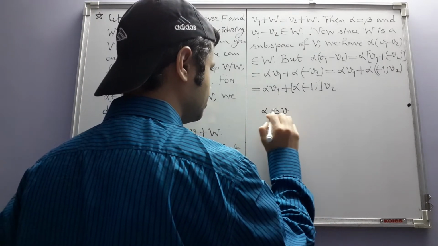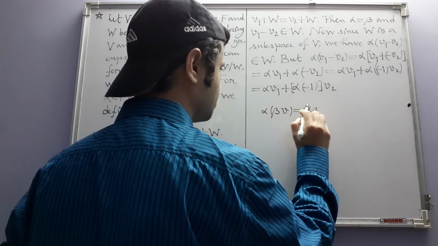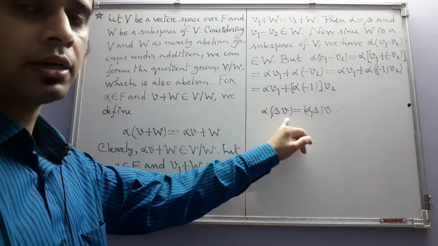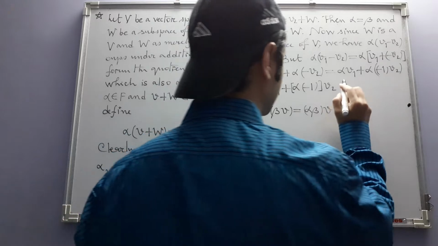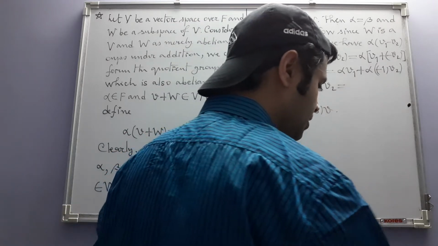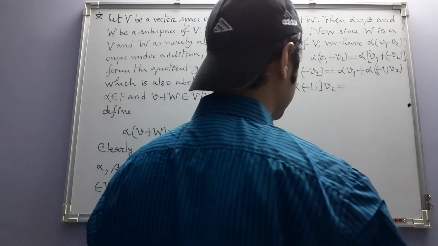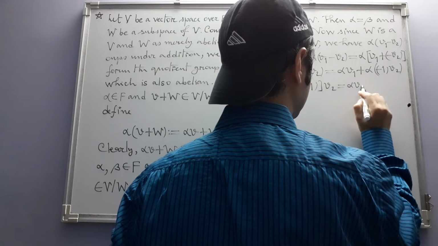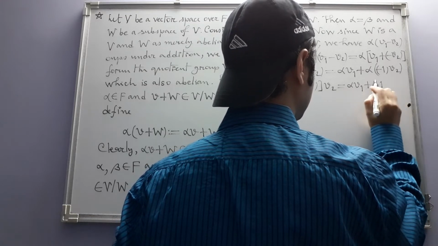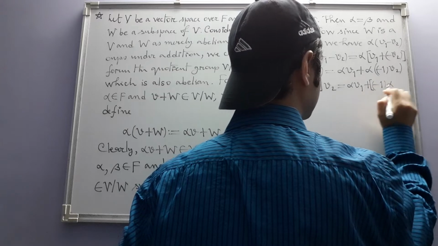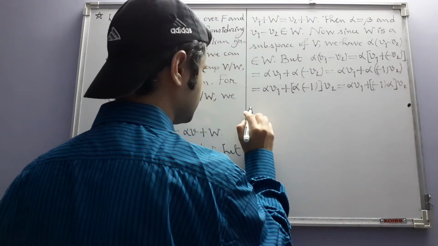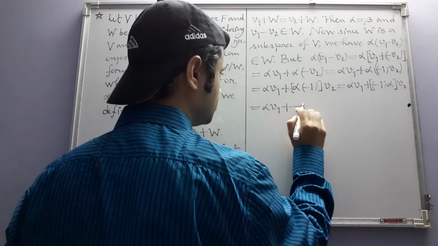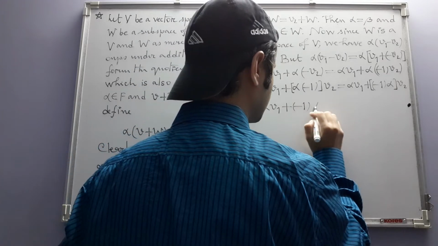Alpha times beta v is equal to alpha beta v, that axiom, where alpha and beta are scalars and v is a vector. Now multiplication in the field is commutative, so we can change the order of the elements. So we can write minus 1 times alpha v2. Again use the third axiom.